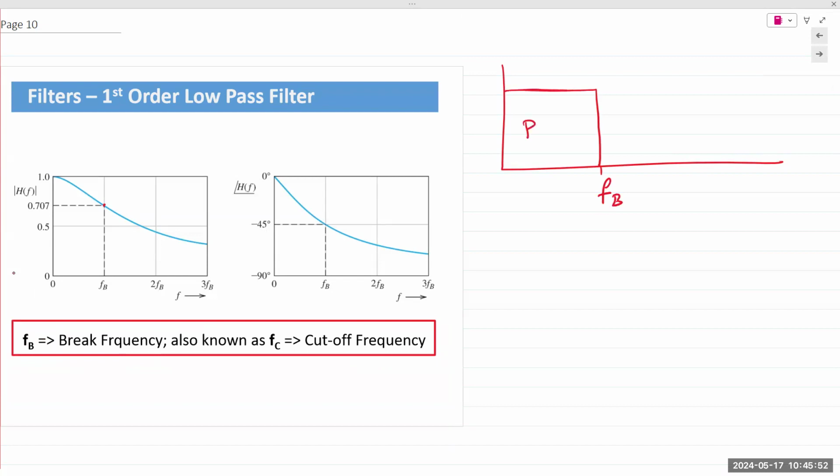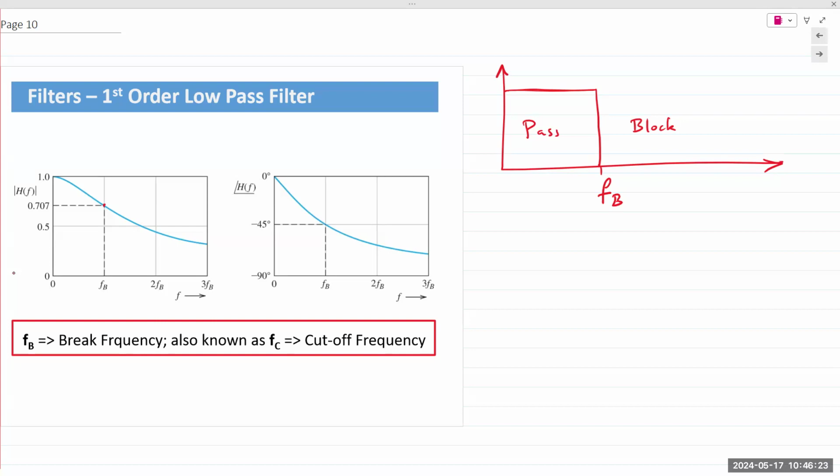All frequencies below break frequencies are passed. All frequencies above are blocked. When we say pass and block, it means we are taking the signal, which has, let's say, 5-volt signal or 10-volt signal, and at the output, you get 0 volts. That means it's blocked. If you send in 10 volts and you obtain 10 volts at the output, it means you're passing, you're allowing it to pass through.